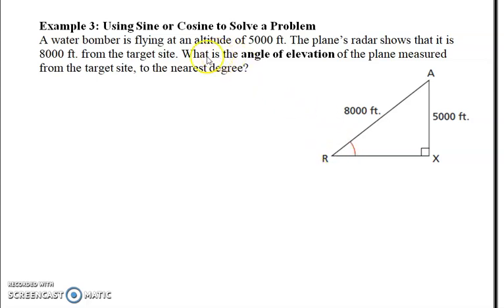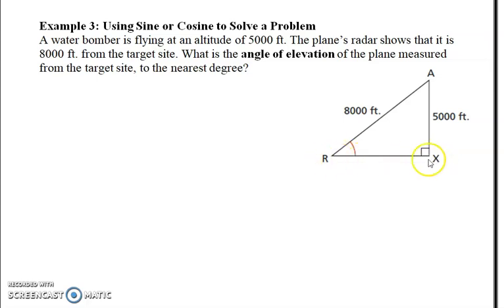Okay. What is the angle of elevation of the plane measured from the target site to the nearest degree? So there's the target site, R. There's the plane, A, airplane, I guess. And X is the altitude dropping from a vertical line from completely beneath the plane to the ground.